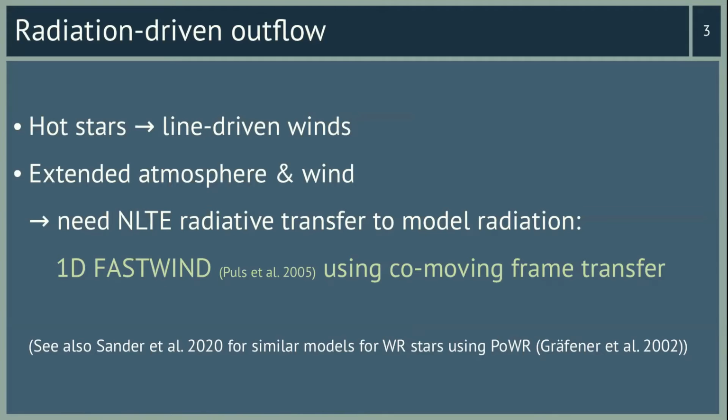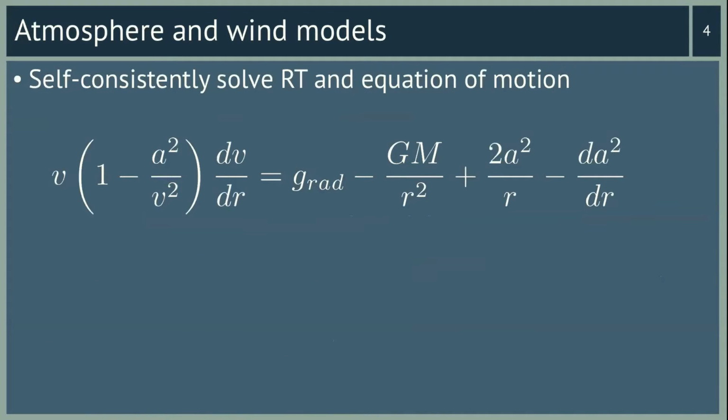which we'll use to construct our wind models. Important for these models is that we want to have them dynamically consistent, which means that this equation of motion, in the steady-state spherically symmetric case, needs to be satisfied. What we get from the radiative transfer that inputs here is mainly this radiative acceleration.